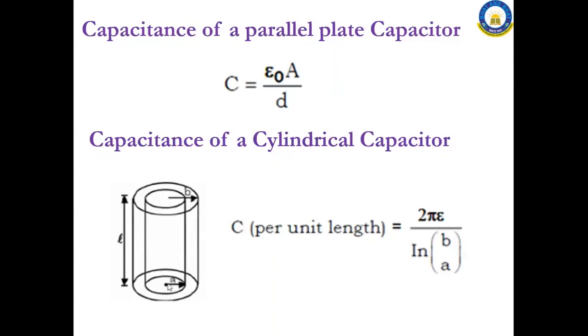If A is the radius of the inner cylinder and B is the radius of the outer cylinder, then the capacitance per unit length, means if you take the length of the cylinder as unit length, is given by 2 pi epsilon naught by ln, log to the base e of B by A. For any length, you will have to include a term L in the numerator. So for unit length, L is taken as unity here. For any other length, the numerator will be 2 pi epsilon naught L.